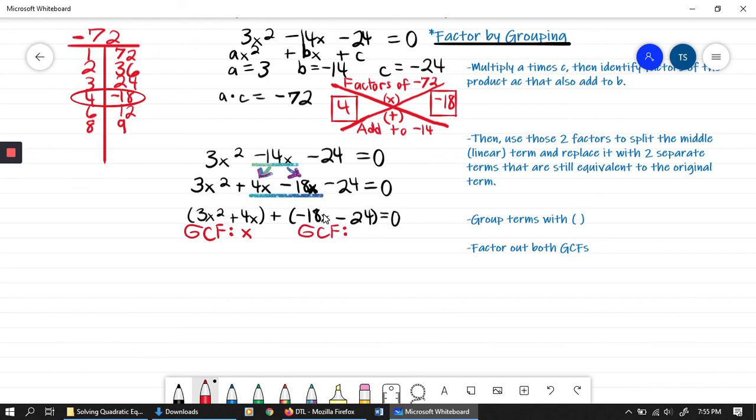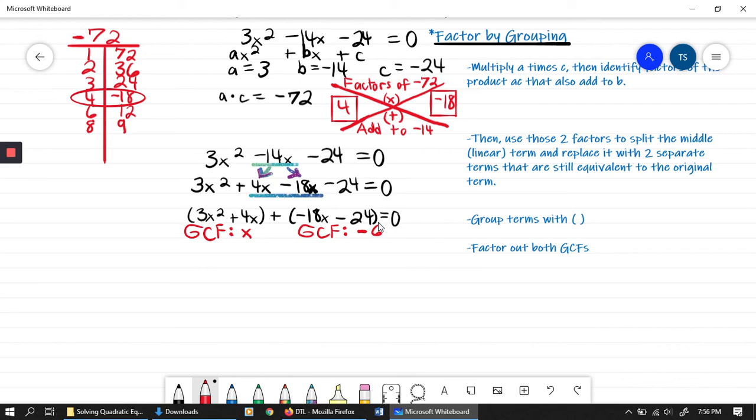However, since both of these are negative and the other two terms were both positive, I'm going to factor out a negative from these two terms on the right side in this group. I'm going to factor out negative 6.